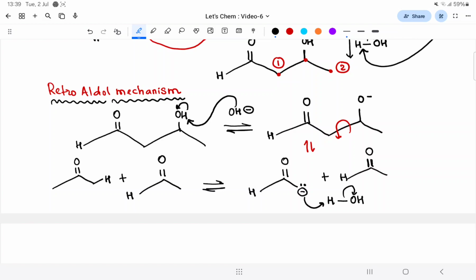So this is how the retroaldol mechanism works, and if you have understood the mechanism, I hope any reaction for you is not going to be tough.